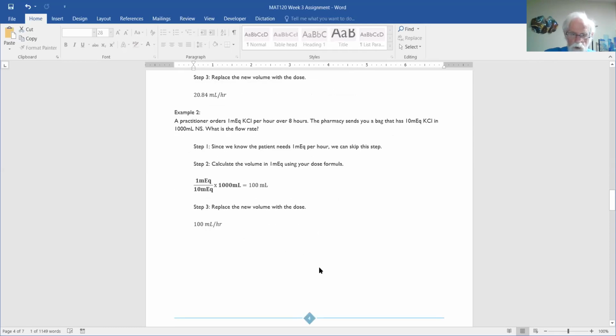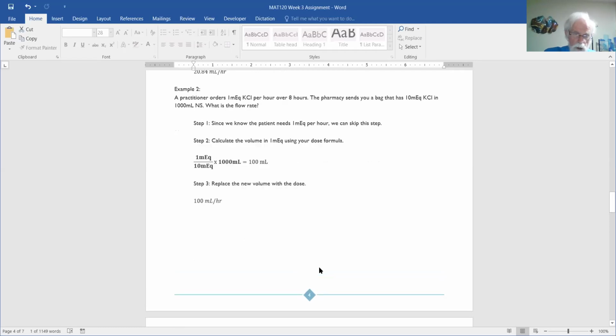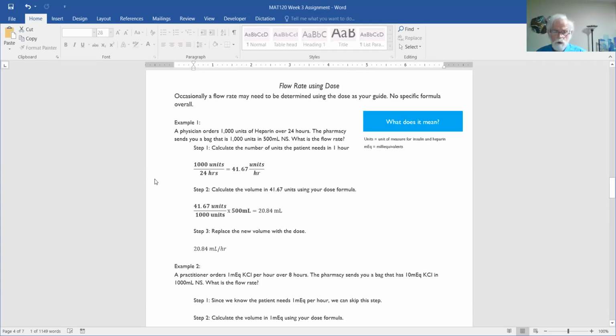So that's another way of looking at these dosing problems. From my standpoint, which method you use depends on the information that you're given in the problem. In this particular case, we're told that we're going to put 1,000 units in 500 milliliters and give it over 24 hours.